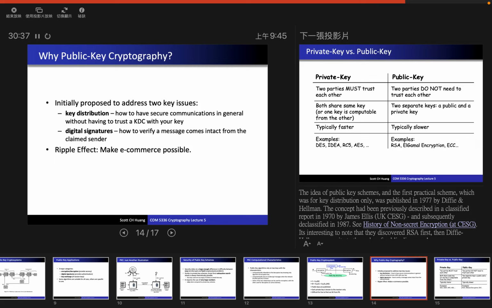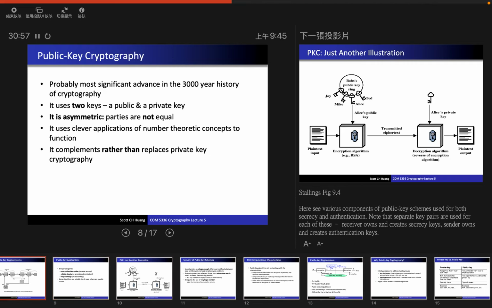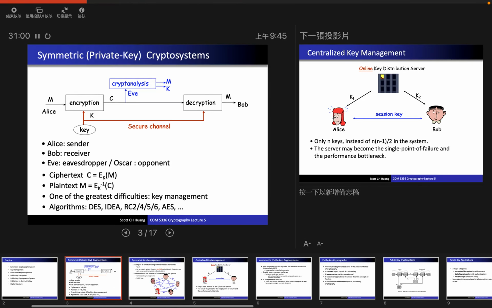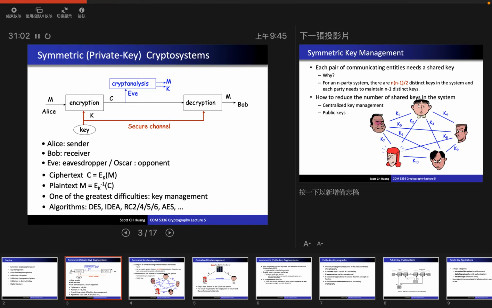Why are we using public key cryptography? Initially, though they are used for encryption and decryption, they can also be used for key distribution and digital signatures. Key distribution is this problem: with symmetric cryptography, you need a secure channel, and you have to find a way to distribute the secret key to the receiver, right?